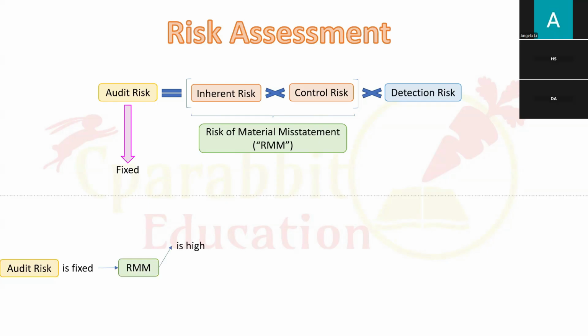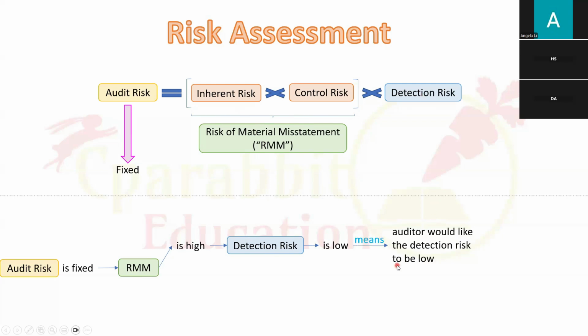And then if the RMM is high, that means the detection risk is low. So this formula is not very arithmetically correct. You just understand the logic behind it. So audit risk is fixed. If the RMM is high, then the detection risk must be low. If the detection risk is low, it means the auditor would have to do more procedures to detect material misstatement to lower the detection risk.